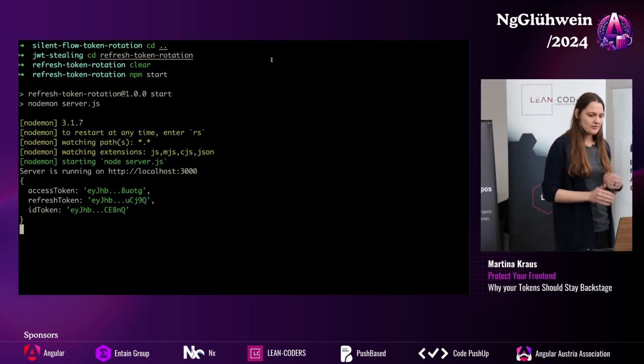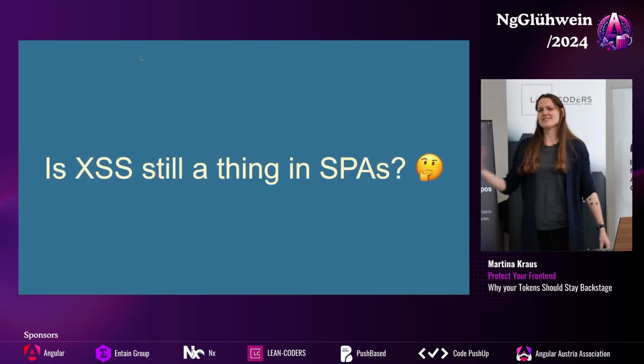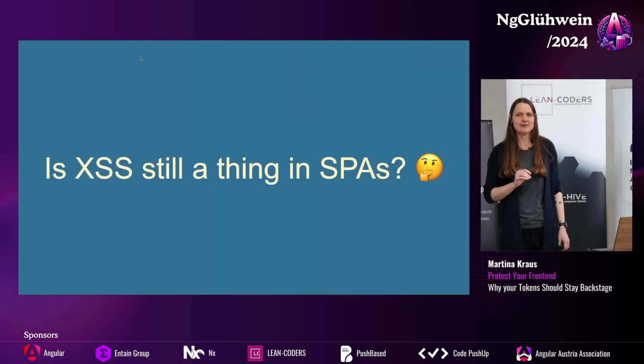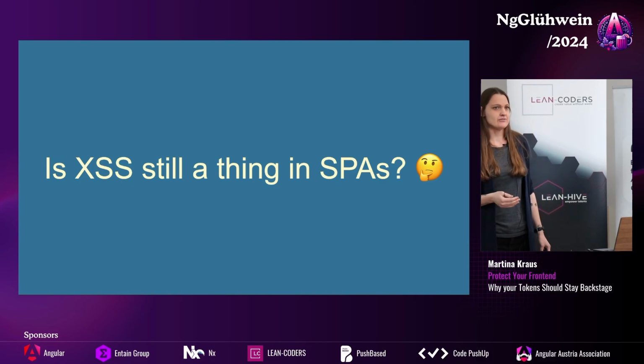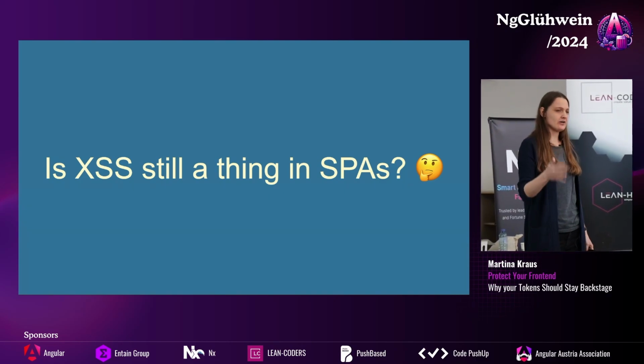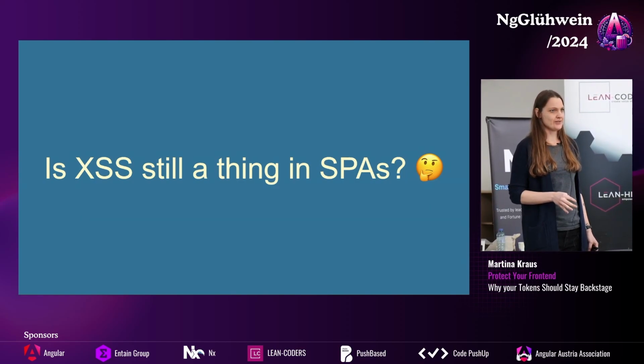Of course you might be telling me, "Yeah, Martina, but is cross-site scripting still a thing in single-page applications?" And I must say, Angular is by far the best front-end framework when it comes to security features. Angular provides us an injection token for inserting nonces. Maybe you have heard already of content security policy. If not, go check out the content security policy header.